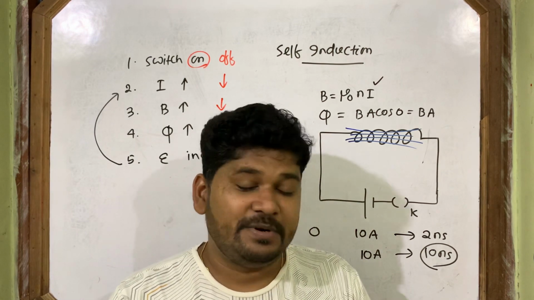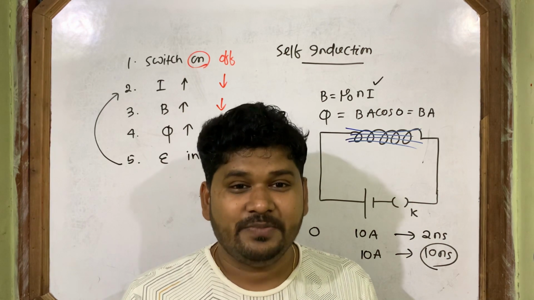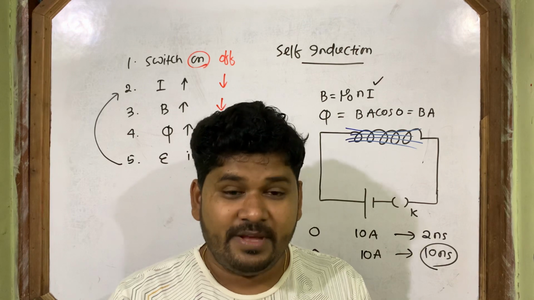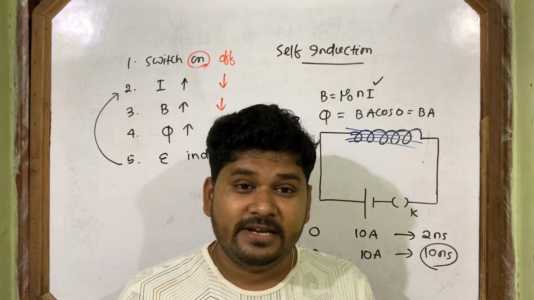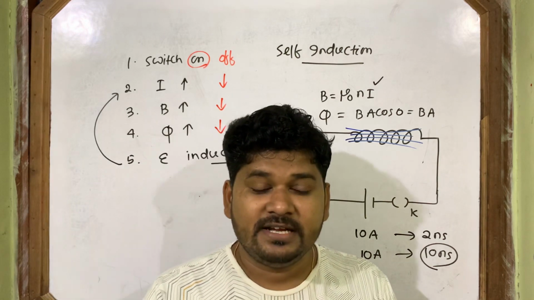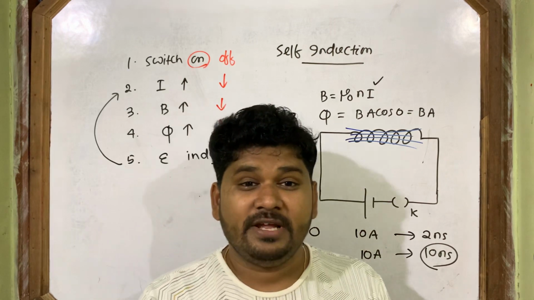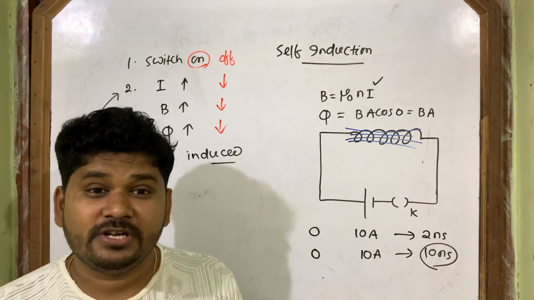Inertia of rest: if a body is at rest, it has a tendency to stay at rest. If the body is in motion, it has a tendency to stay in motion. If the body is moving in a particular direction, it has the tendency to keep moving in that direction. Inertia of rest, inertia of motion, inertia of direction.